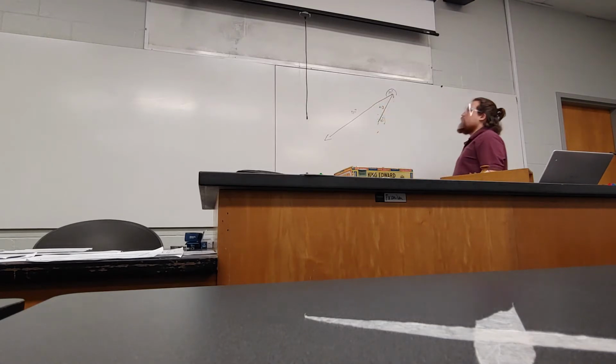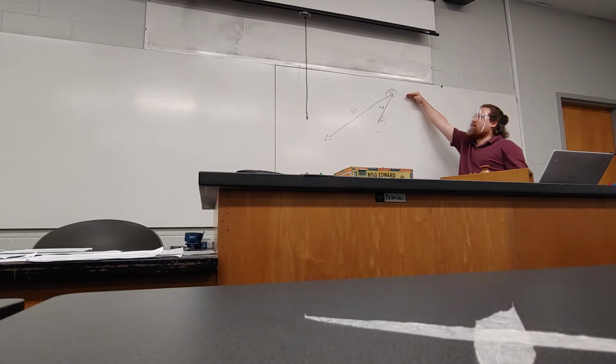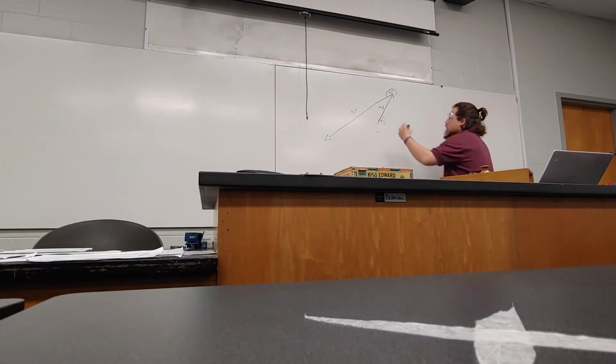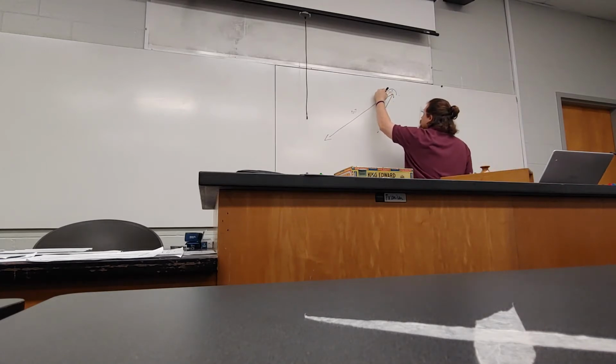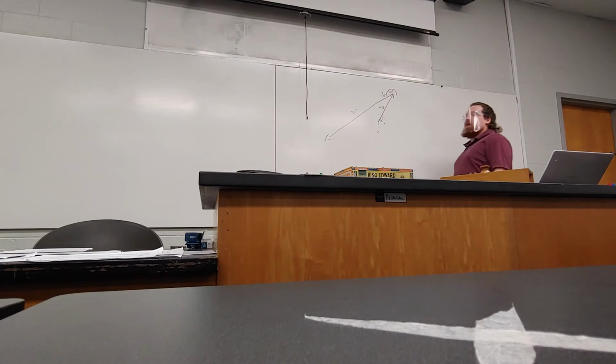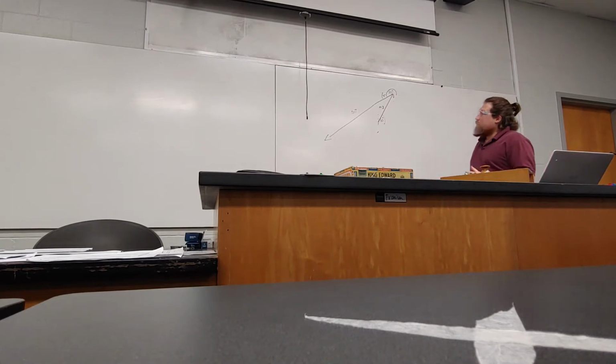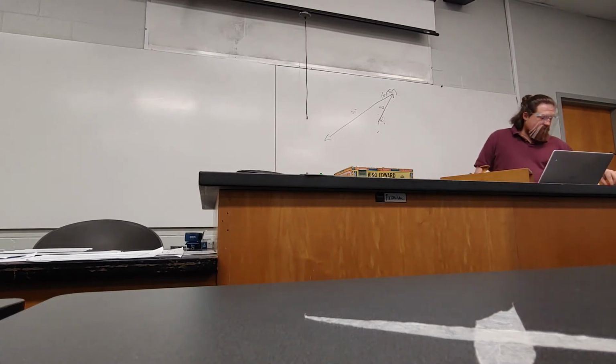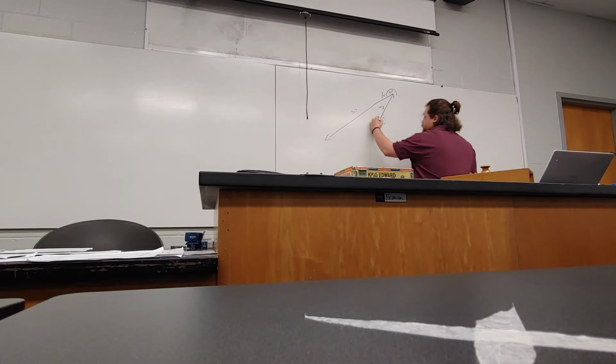It would be 223 degrees from the positive x-axis, which can be reinterpreted to mean 43 degrees from the negative x-axis, which is the number that I use on my key when doing all the trig. That means that the final answer, the actual vector sum of these two things, would look something like that.